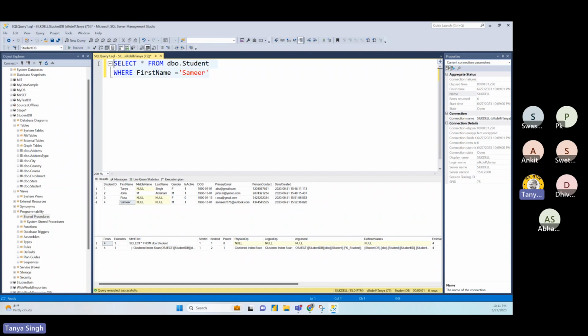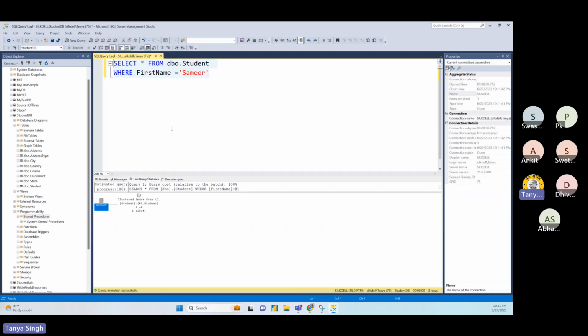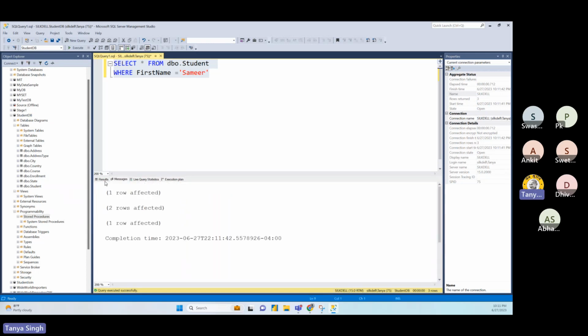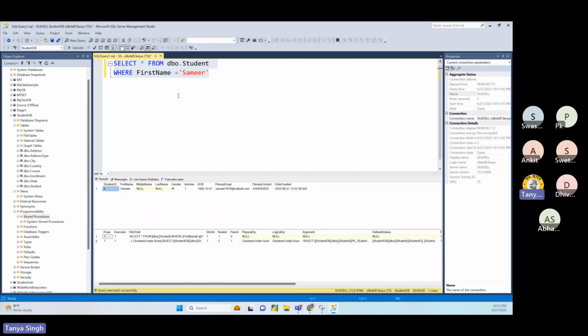Whenever I am running and sharing this query, you see the live statistics showing how many times the execution plan ran. Whenever you are running this query, it is visible to everybody.